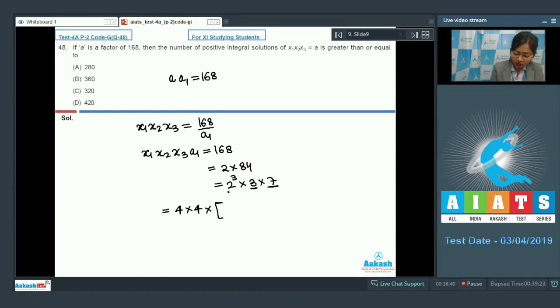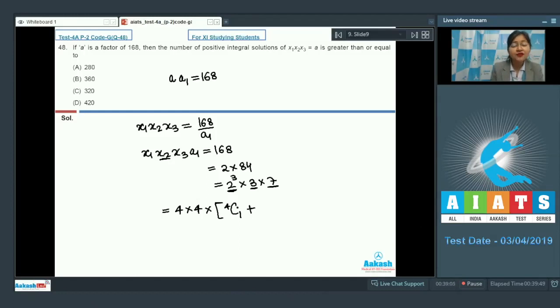Now let's talk about 2 cube. It will have 3 cases. That is, if I provide whole 2 cube to any 1, that can be done in 4C1 ways. That is, in 4C1 ways I selected any 1 and I gave the whole 2 cube to that number. Right?